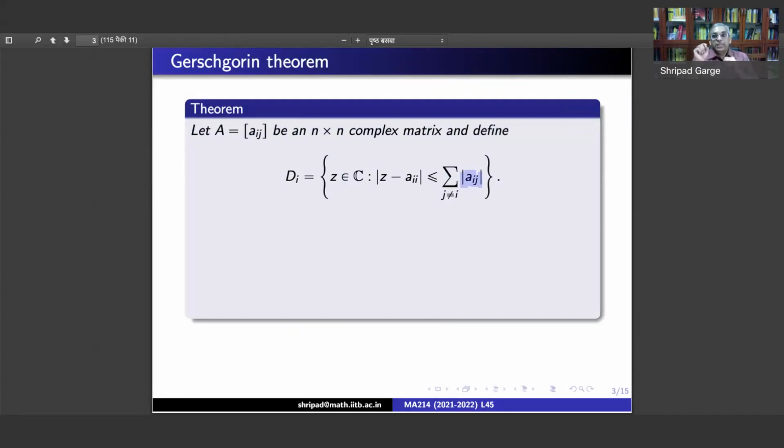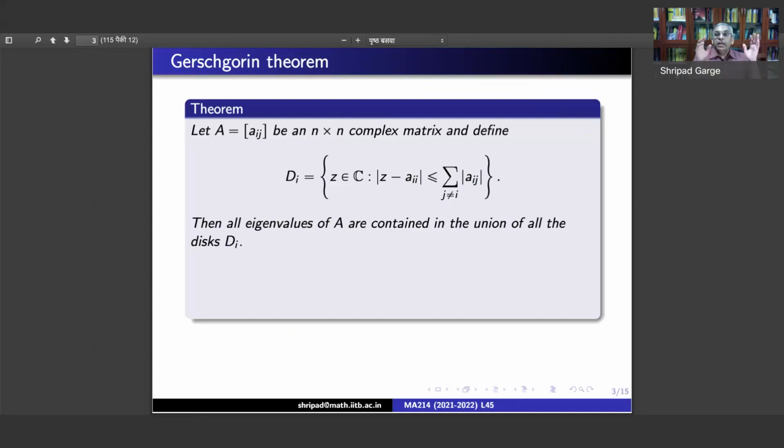You construct a disk with the diagonal element as the center and the radius being the sum that you have obtained. Because there are n rows, you will have n disks. Then all eigenvalues of your matrix A are contained in the union of all these disks.